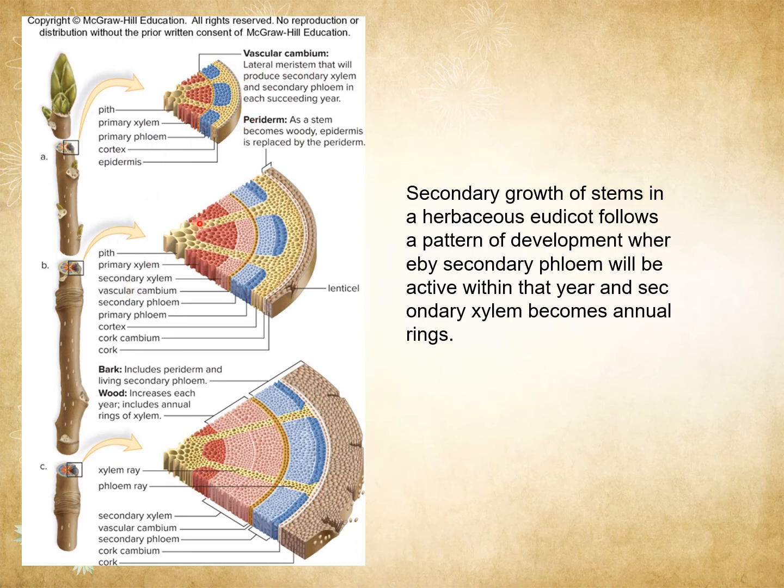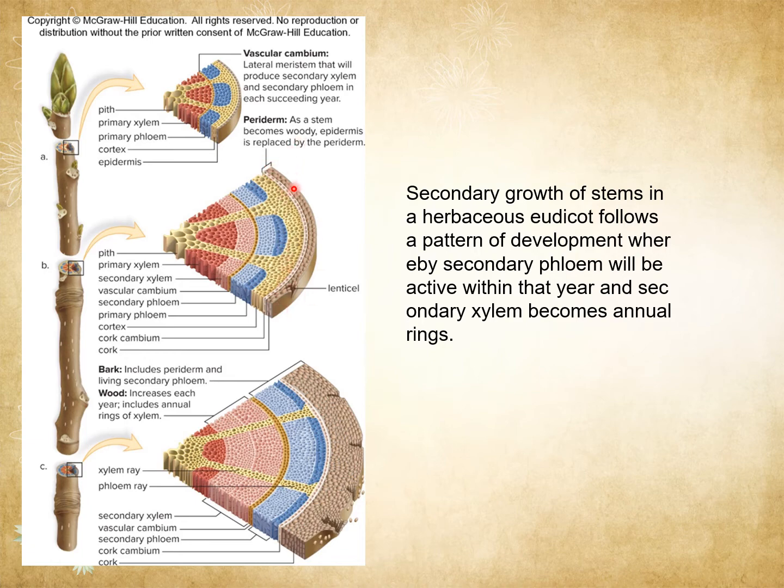This is when they get older and older. Here they have the pith, the primary xylem, the secondary xylem, which becomes the annual ring, and then the vascular cambium, the secondary phloem, the primary phloem, and then the cork or the lenticel, which is the periderm.